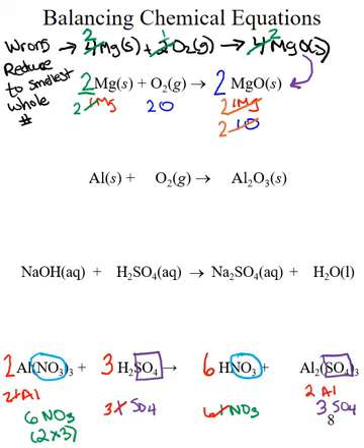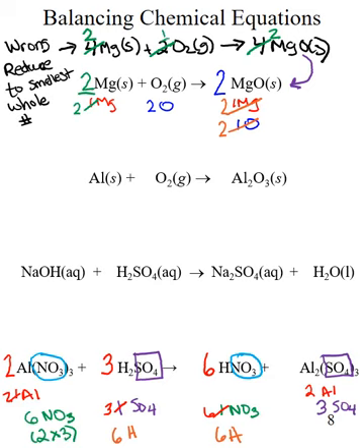Then the last thing is you want to look at your hydrogens. Make sure that's balanced. How many hydrogens are on the left side? I have 6 H's. And on the right side, how many do I have? 6 as well.